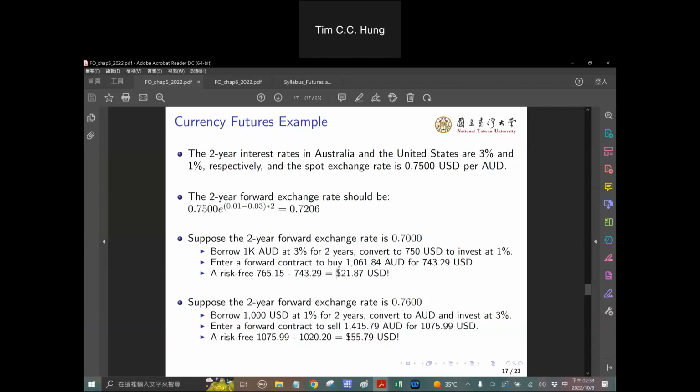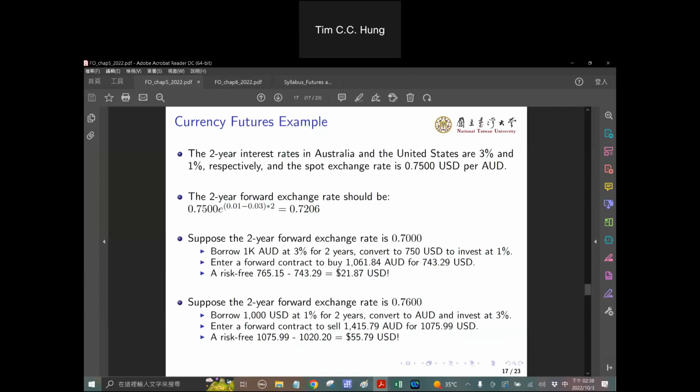So we should take advantage of this mispricing by entering a forward contract to buy Australian dollars using US dollars. To begin, we first borrow some Australian dollars, directly change them into US dollars, and invest them at the 1% US deposit rate.